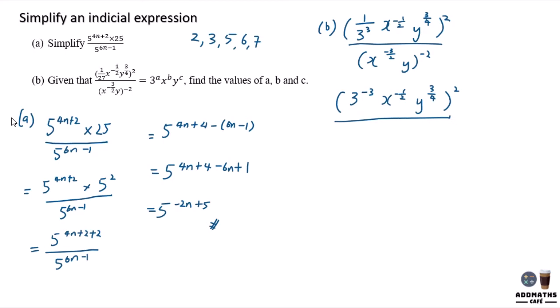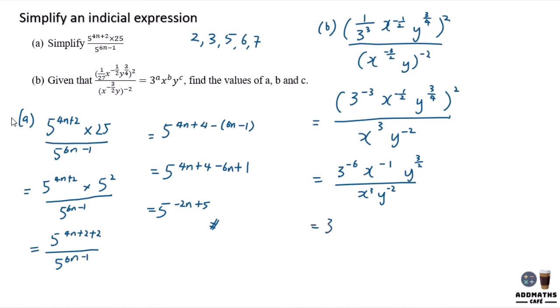Divided by x to the power of negative 3 over 2 times negative 2, which will give you a positive power of 3, and y to the negative 2 power. So then multiplying this in, it will give you 3 to the power of negative 6, x to the power of negative 1, and y to the power of 3 over 2, divided by x to the power of 3, y to the power of negative 2.